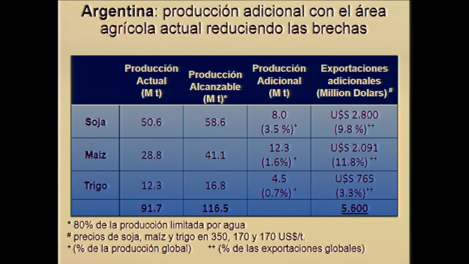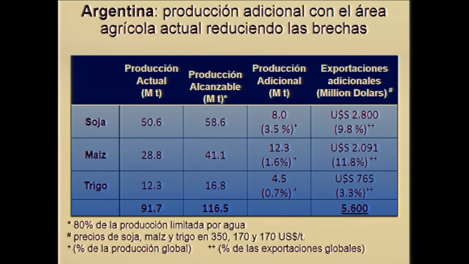In soybean, the gap is smaller. In the case of wheat, it is similar to the corn yield gap. Using correctly the management practices available right now, we could be passing from 22 million tons to 16.8 million tons.